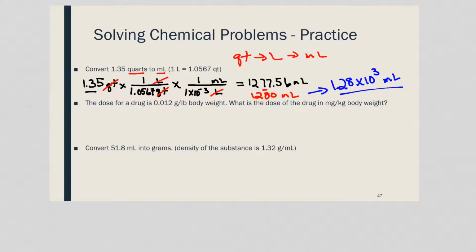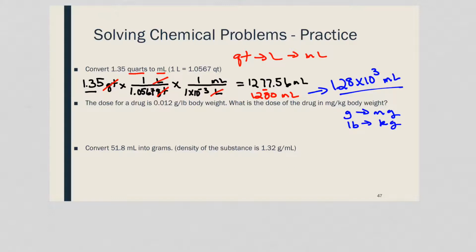Well, it's no different. We're just going to have to look at our conversion. So we need the top number to go from grams to milligrams, and we need the bottom number to go from pounds to kilograms. So these are the two conversions we need to do.